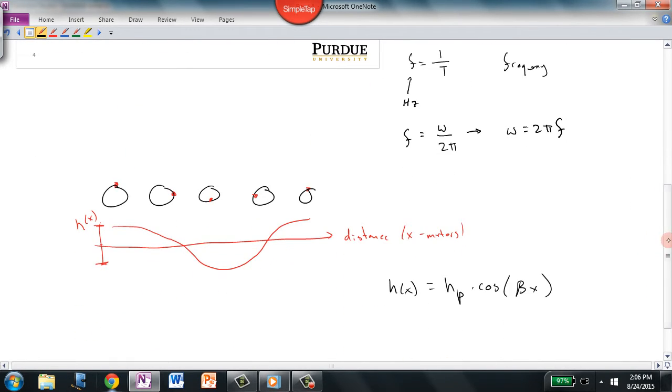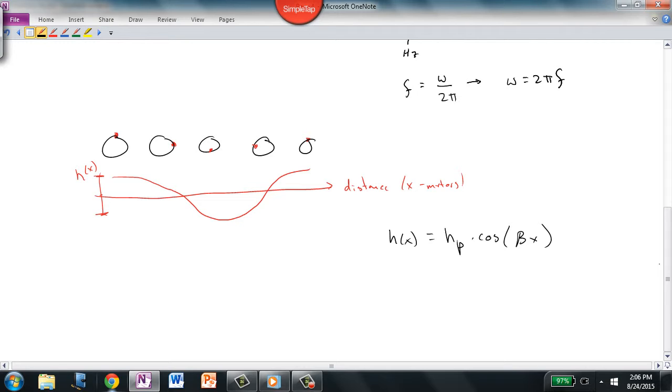So again, if the distance that it takes for two peaks to occur is going to be lambda, and we go through 2 pi angular rotations in one complete cycle, that gives us the relationship beta is equal to 2 pi divided by lambda. So beta is measured in radians per meter.